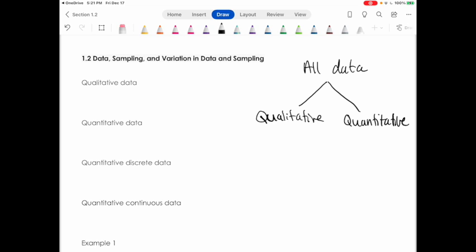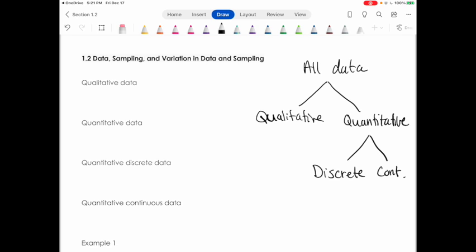Now, the quantitative data can then also additionally be broken down into two categories. Quantitative data can be broken down into what's called discrete or continuous.